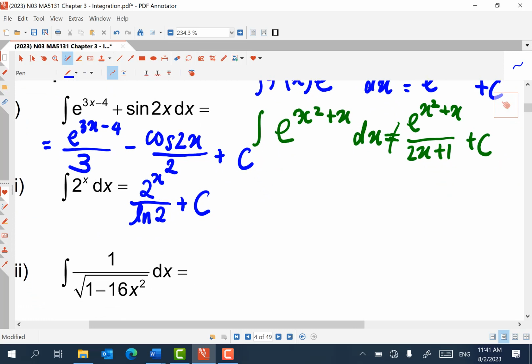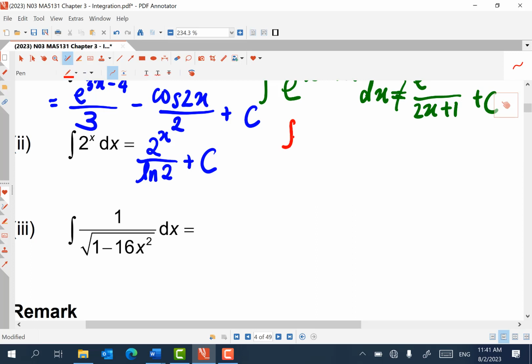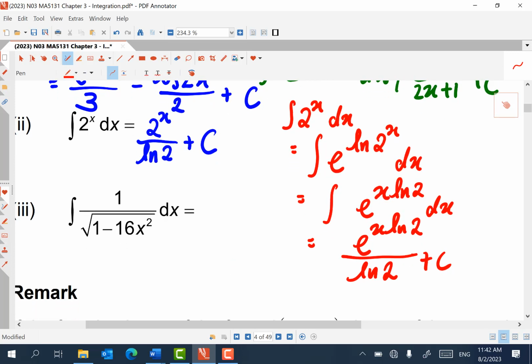Yeah. If I ask you to provide a proof for this, it can be proven quite readily, you know. Integrating 2 to the power x can be written as integrating e to the power ln 2 to the power x. And then the e power x ln 2, right?